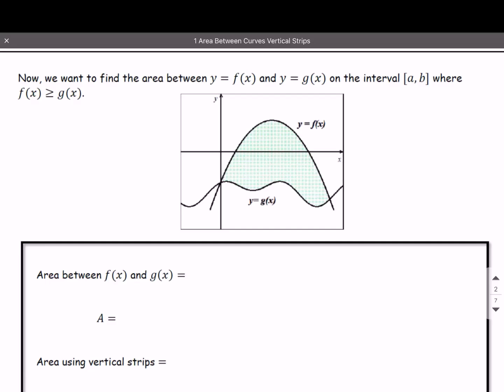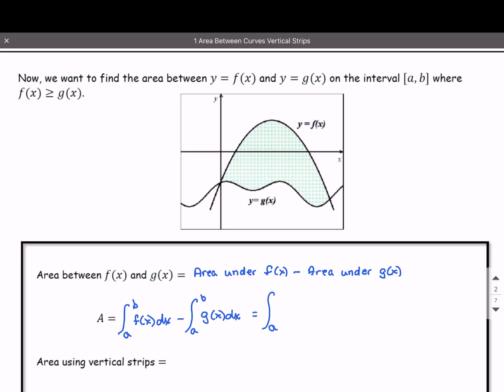So the area between f of x and g of x is the area under f of x, so between f of x and the x-axis, minus the area under g of x. That would be the area between g of x and the x-axis, okay? Now, the way we do that, the area under f of x would be the integral from a to b of f of x dx, minus the area under g of x would be the integral from a to b of g of x dx.